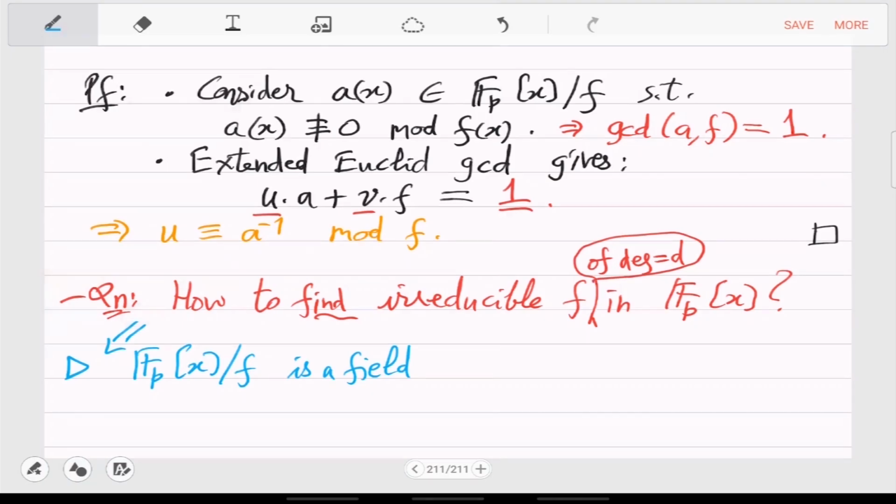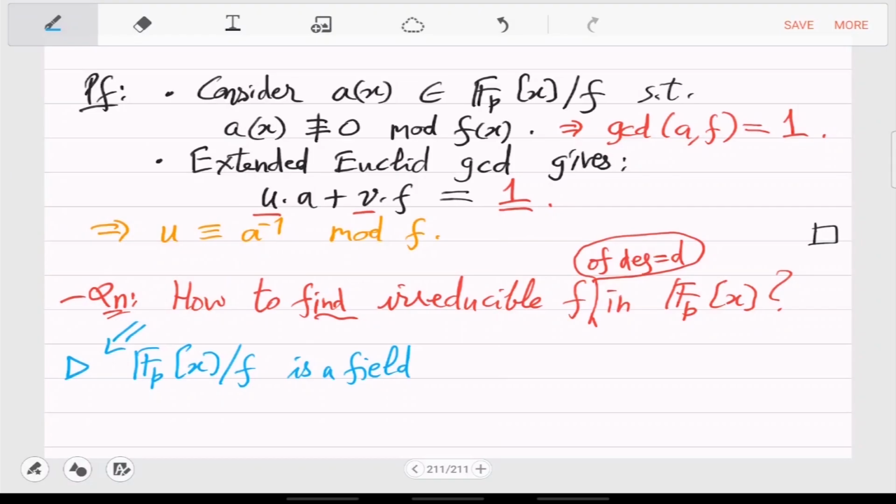So if they exist, then Fp[x] mod f is a field because of the previous property. What is its size? How many elements will it have? The residues after division you get is a polynomial of degree d minus 1, right, because your modulus is degree d.